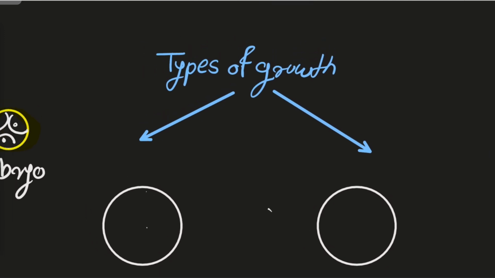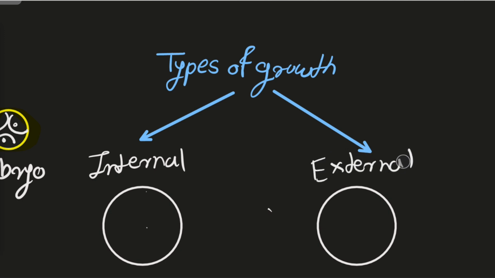The growth is of two types. First is internal growth and second is external growth. Internal growth is increase in complexity and organization, like formation of vacuole in the cell, or getting food supplied or energy supplied inside, and internal organelles are grown.